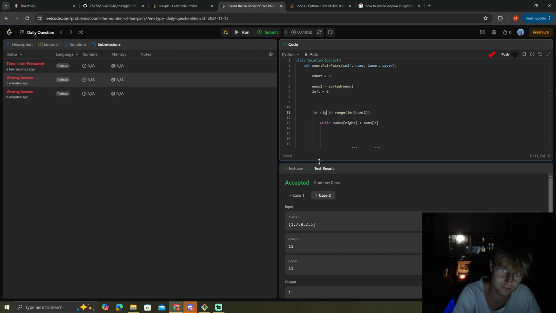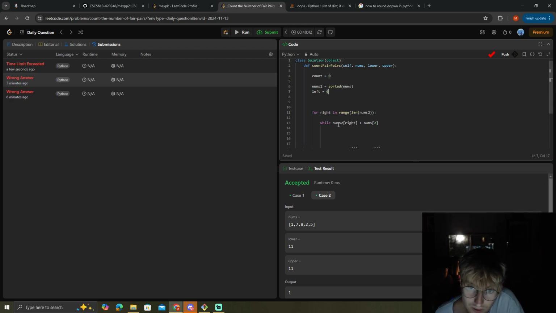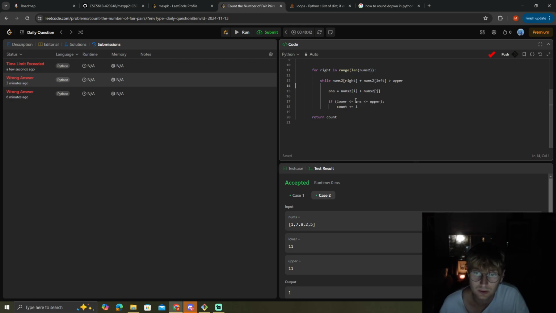I guess this should be right, because we're going to have our left while nums2 right. Left is greater than right.